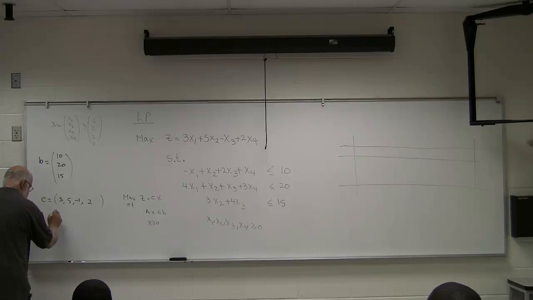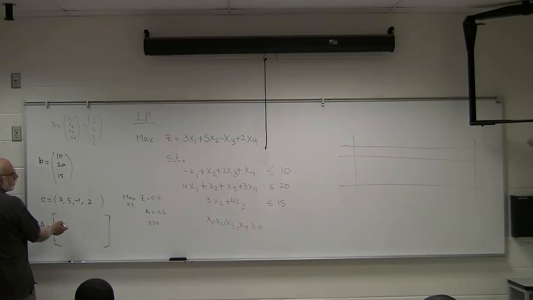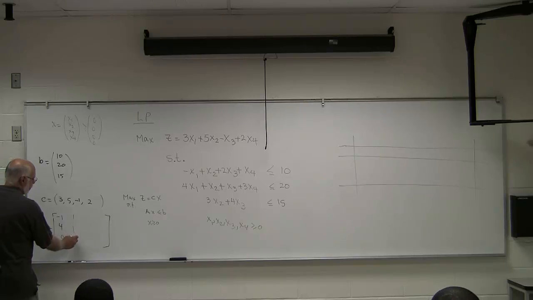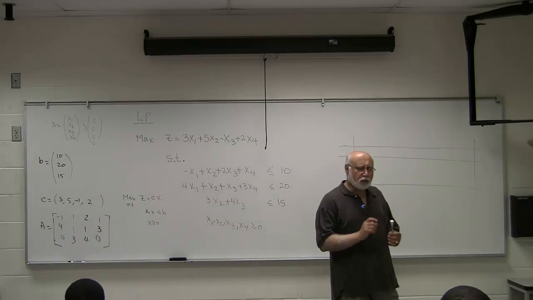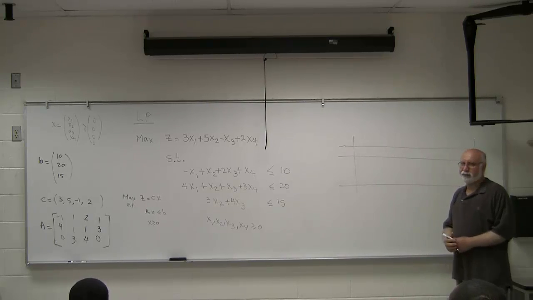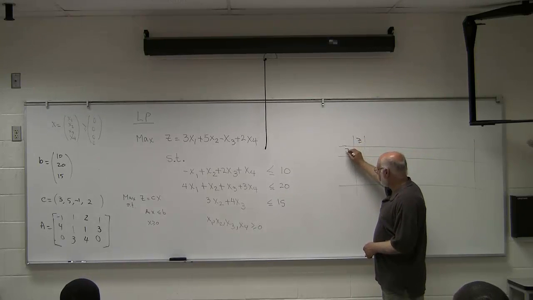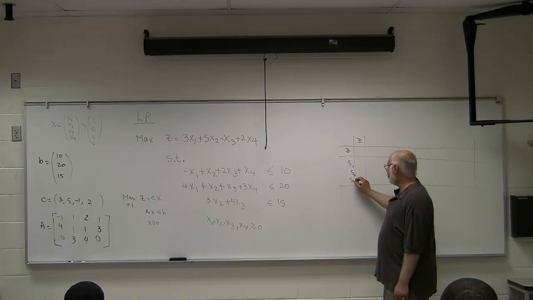And A is going to be negative 1, 4, 0, 1, 1, 3, 2, 1, 4, 1, 3, and 0. What is the first tableau that we make if I want to set up the Simplex Tableau? It would be S1, S2, S3.